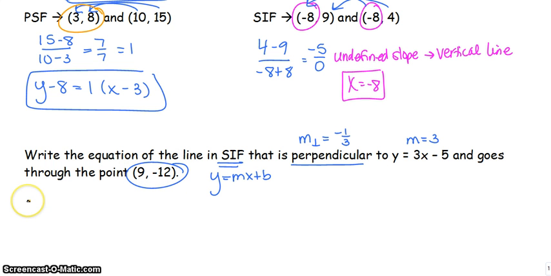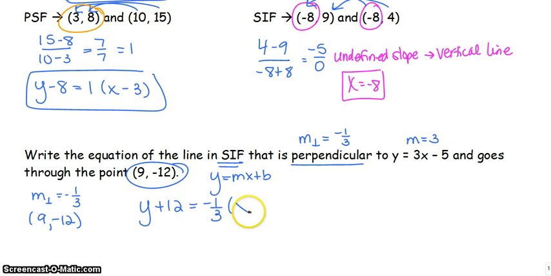So for our equation, we are using the slope of a negative 1/3, and we're using the point 9, negative 12. Since we want it to be in slope-intercept form, we look at the point and see if it's the y-intercept. Because the x is not 0, it's not our y-intercept. So we have to start in point slope form. Y minus a negative 12, so y plus 12 is equal to our slope of a negative 1/3, parentheses x minus 9.